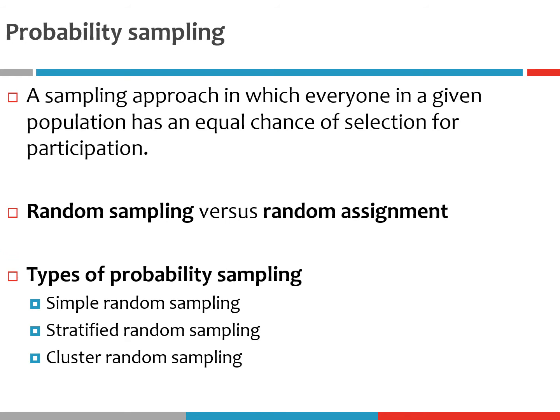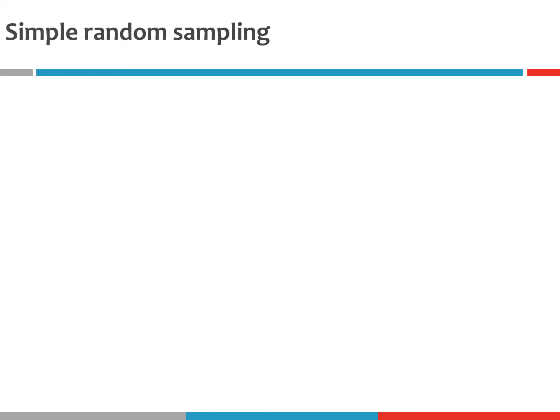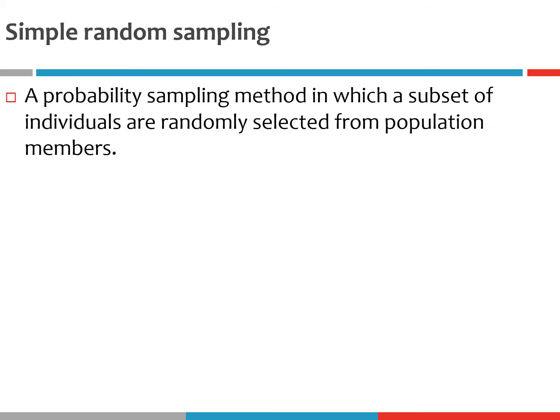Okay, and there are three different types of probability sampling. There's simple random sampling, stratified random sampling, and cluster random sampling. Okay, so we're going to look at each of these individually. So simple random sampling is a probability sampling method in which a subset of individuals are randomly selected from the population.